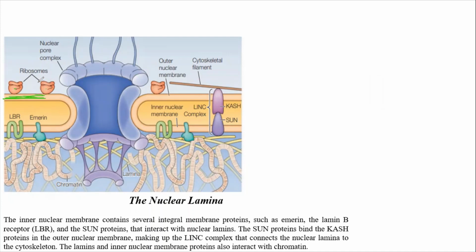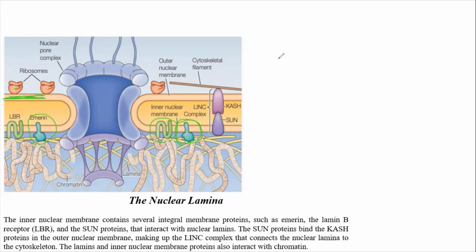Now, look over here. We have got the emerin proteins, right? These emerin proteins are present in the inner nuclear membrane. Can you see it? And it is making connections with the chromatin, as well as your lamins.